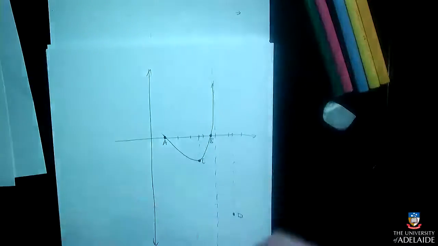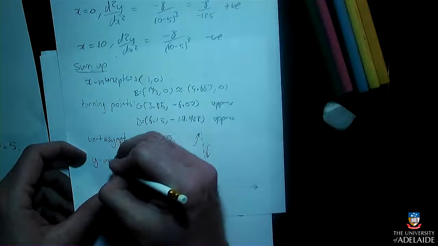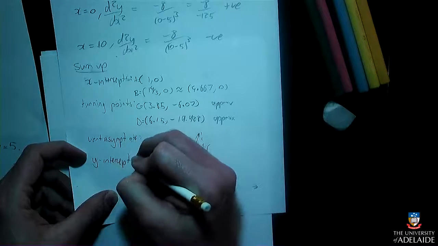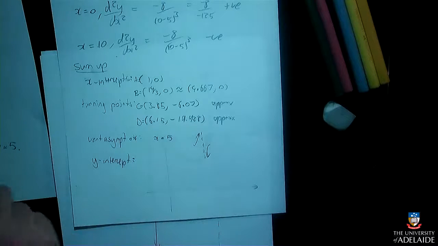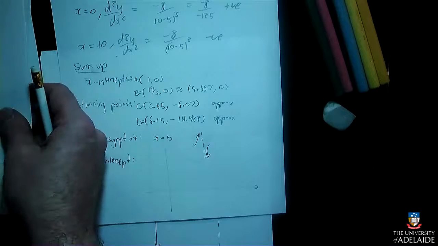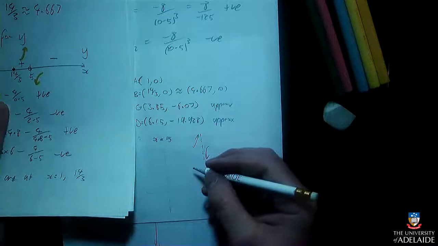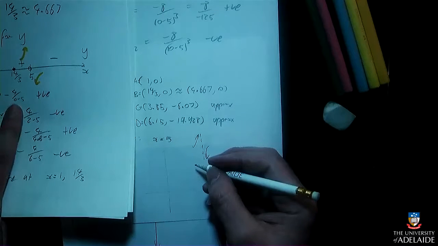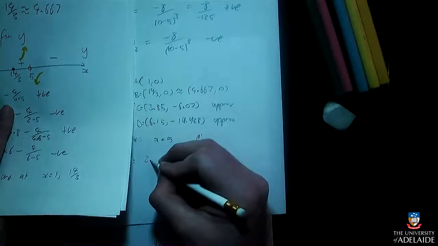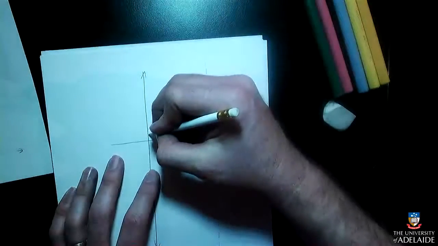And I did actually figure out what the y-intercept was. I'm just going to pop that in. It wasn't actually asked for, but I'm going to put it in because I did calculate it way back. At x equals 0, that would be 2.8, which is about here.